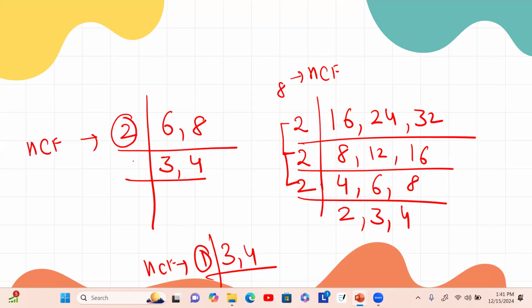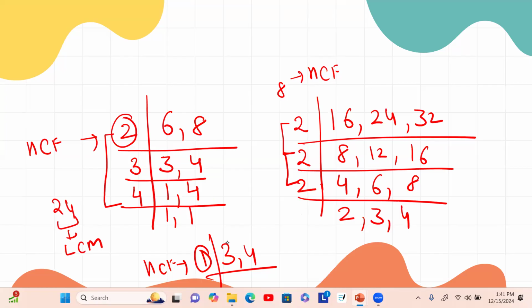So what I'll do, 3 right here, 3 ones are 3, 4 is not divisible by 3, so write 4 as it is. Now 4, 1 as it is, 4 ones are 4. My numbers are finished, only 1s are left. That means this is your LCM. 4 threes are 12, 2s are 24.